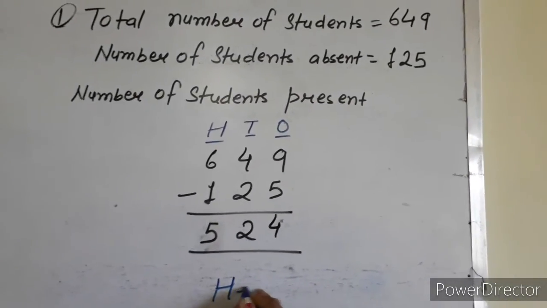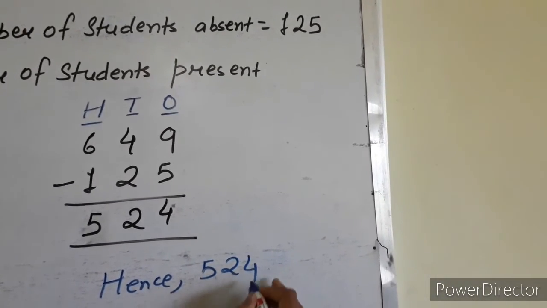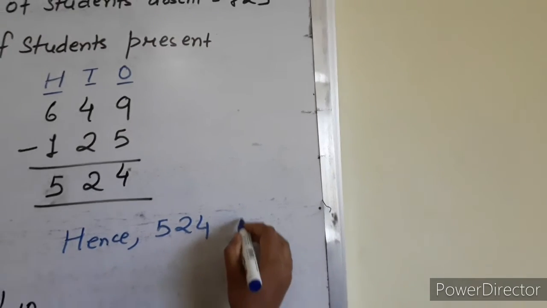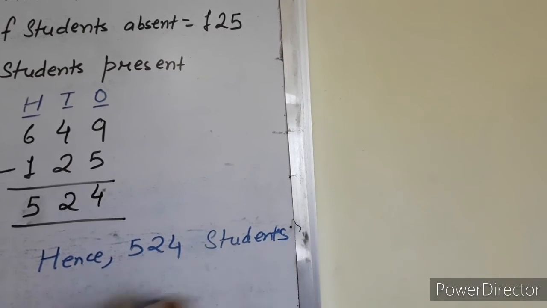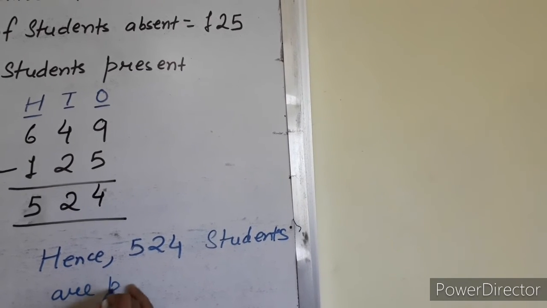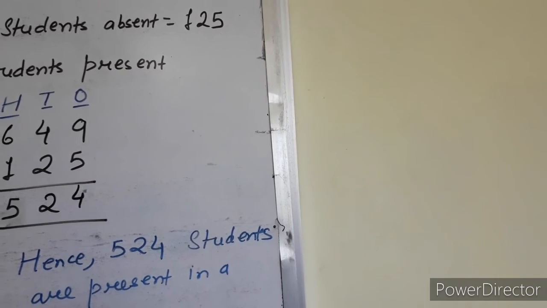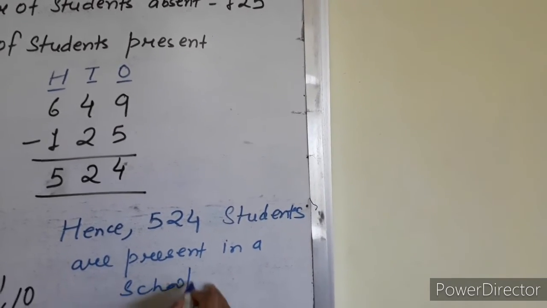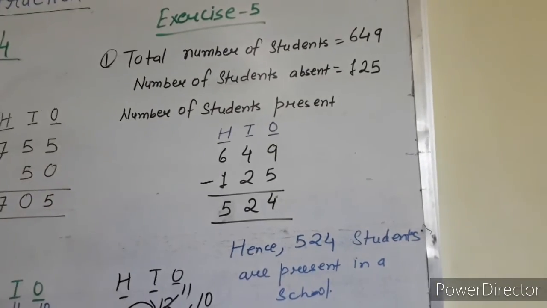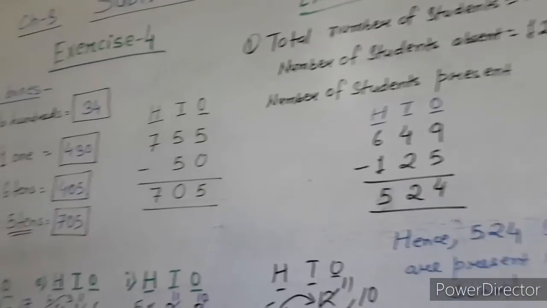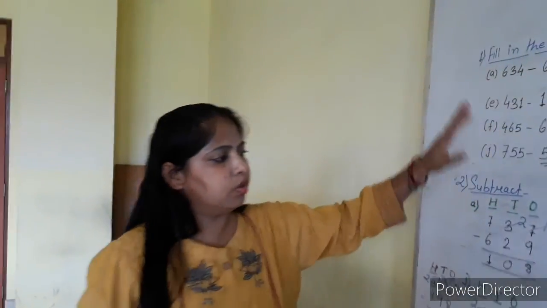Hence 524 students are present in a school. You can frame the sentence yourself also. It's not necessary that you write only like this. Hope all of you understood this one.